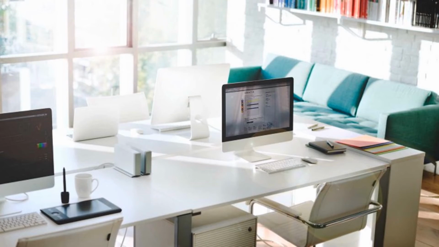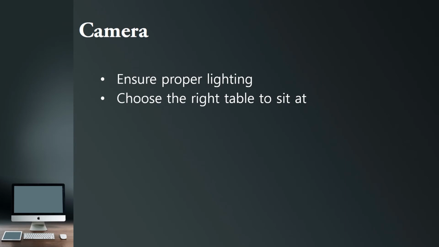If there is a backlight, then it will create a halo around your head, making it difficult for the other person to see you. So the key is to always sit facing the light source. If there is too much light in front of you, then you may use curtains or blinds to mellow it down.